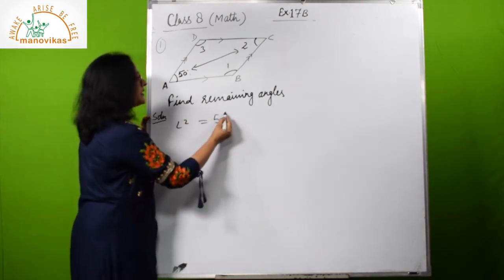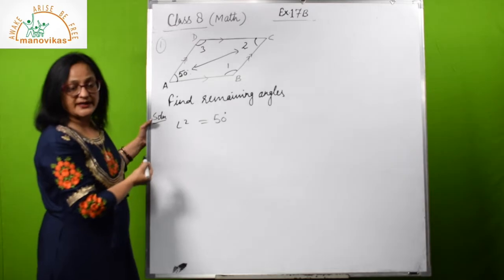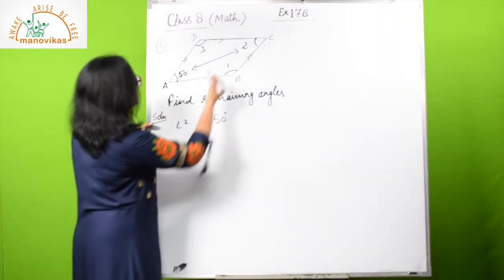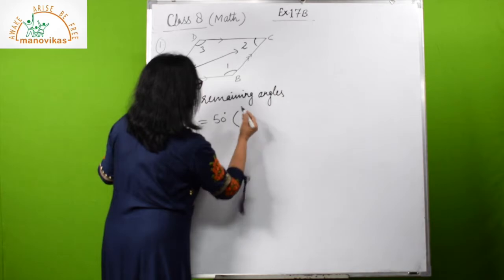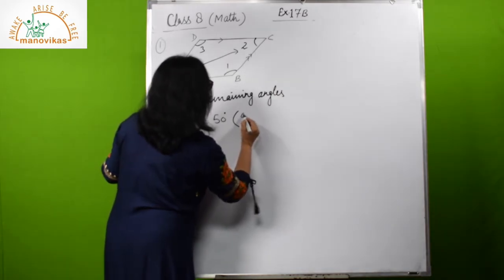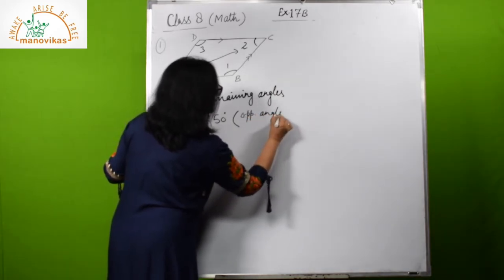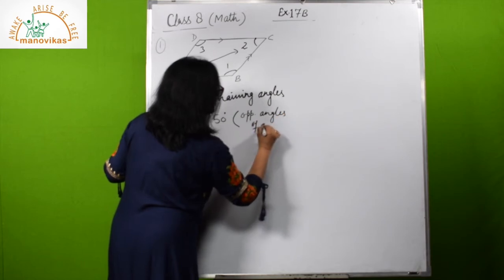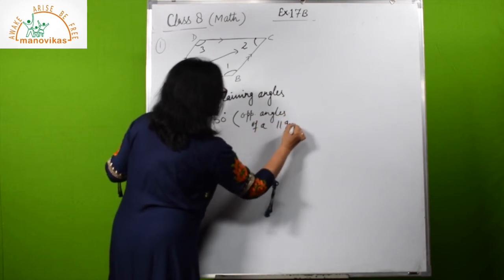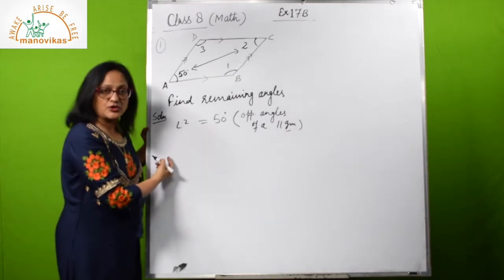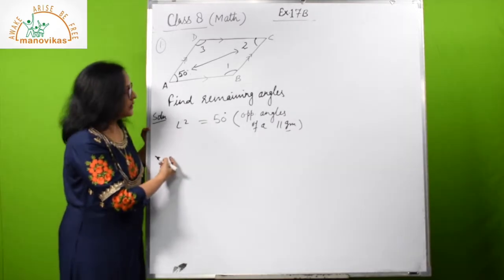In geometry, everywhere when you are taking the result, you have to mention that. So why is angle 2 equal to 50 degree? That property you will write here: being opposite angles of a parallelogram, they will be equal.